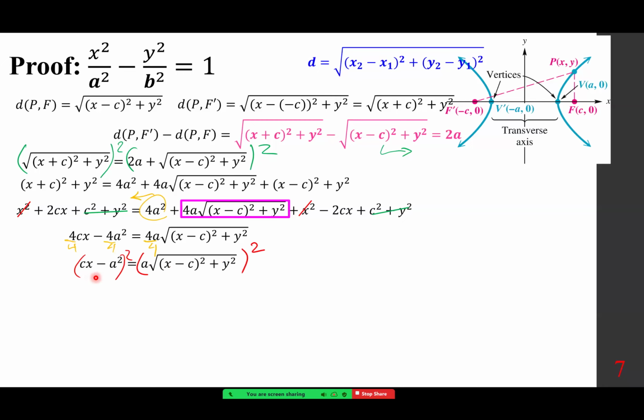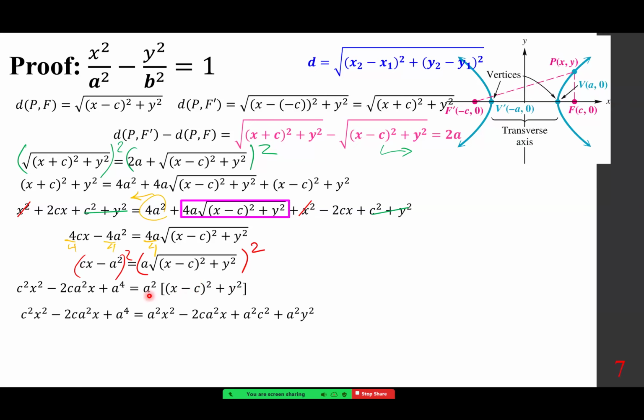So this is c squared x squared minus 2 c a squared x plus a to the power of 4. This becomes a squared, and this comes out. So we're not going to touch this. We're going to take this to the power of 2, becomes x squared minus 2cx plus c squared, and this remains unchanged.